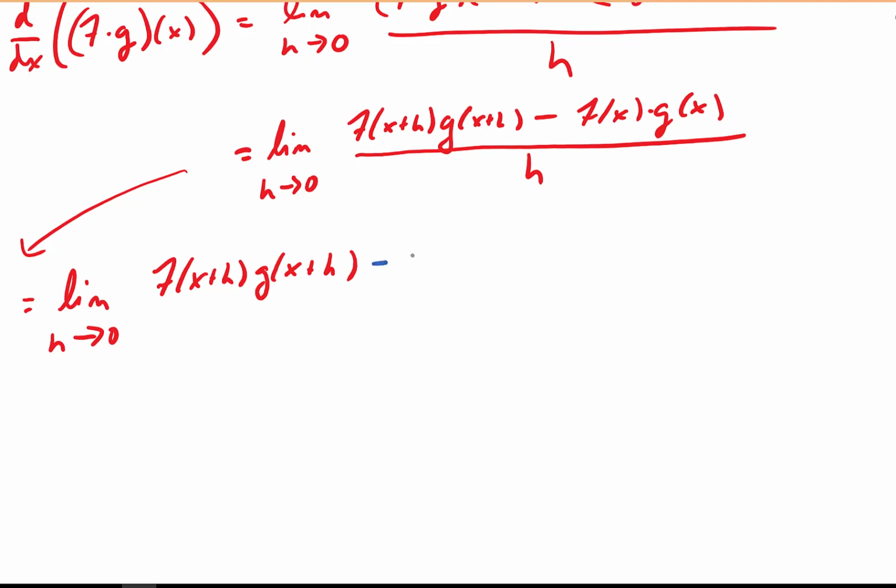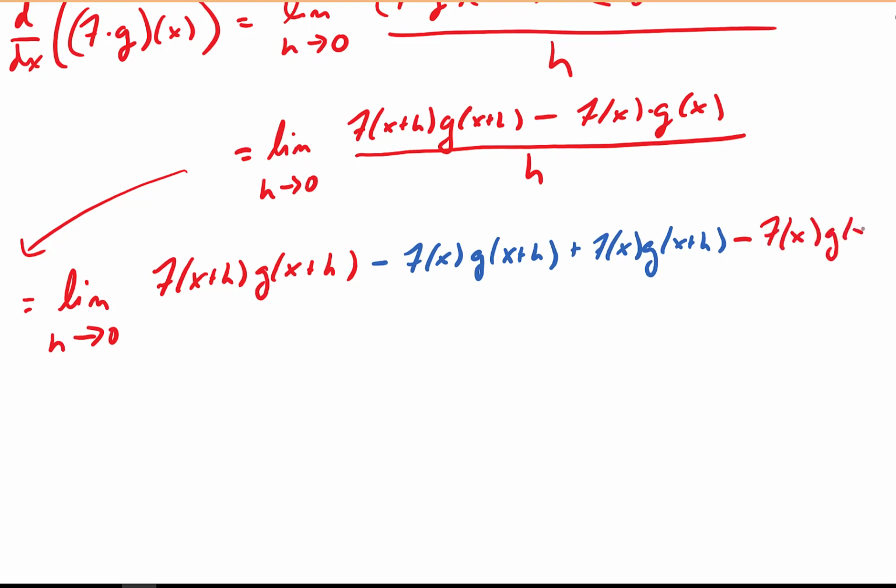I'm going to write minus f of x g of x plus h, and then I'm going to add that same term, f of x g of x plus h, minus f of x g of x all over h.